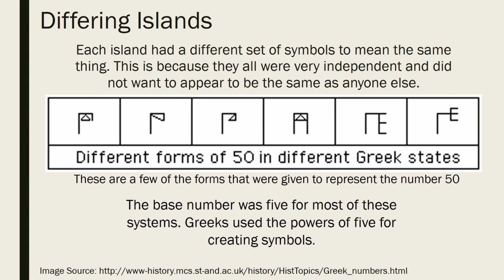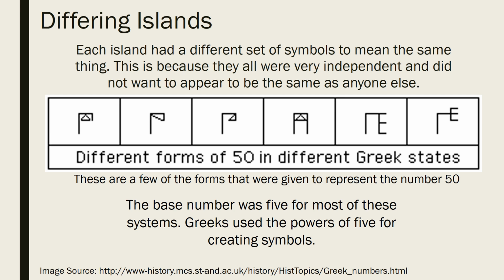As I said before, each island had their own symbols. They were all independent. They really did not want to be like anyone else. So because of these multiple symbols, even a simple number like 50 for us, which has a very obvious symbol, actually had multiple symbols for various islands.